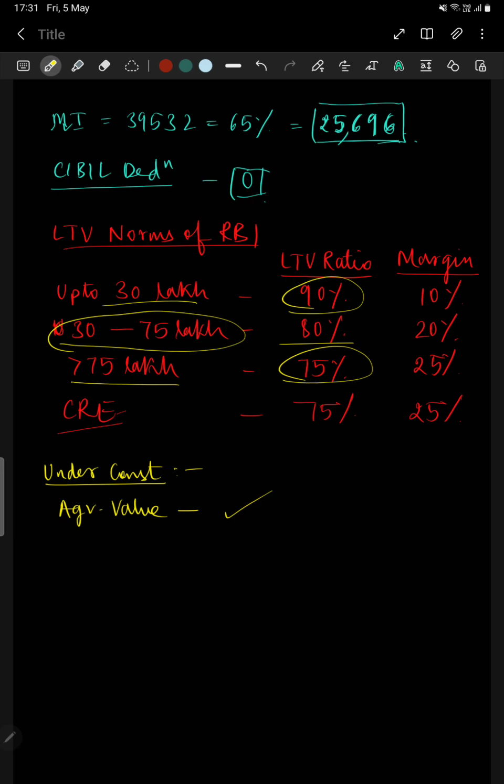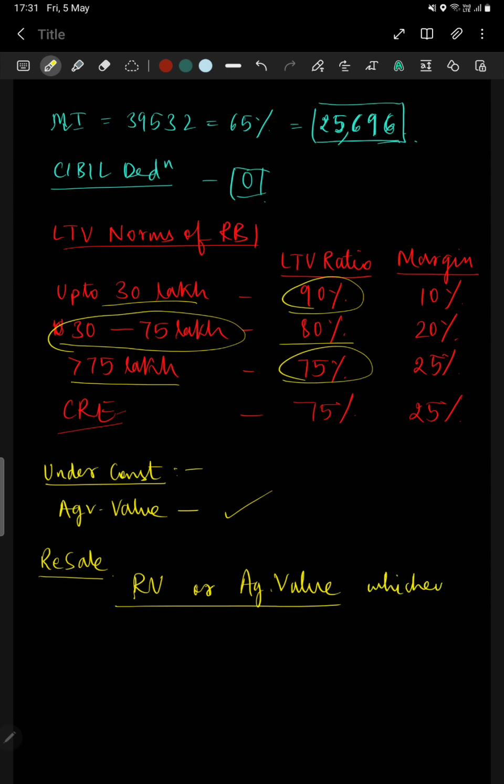This is clear. If the case is of resale, then you first have to do the valuation, and under valuation you take the RV value, which is realizable value. If realizable value or agreement value, whichever is lower, that particular value you have to take.